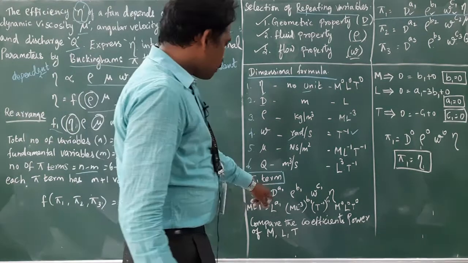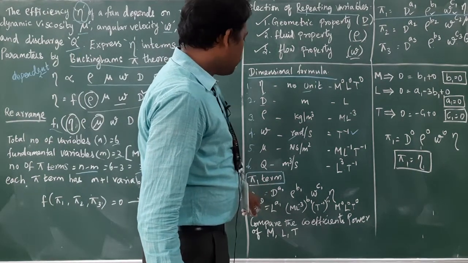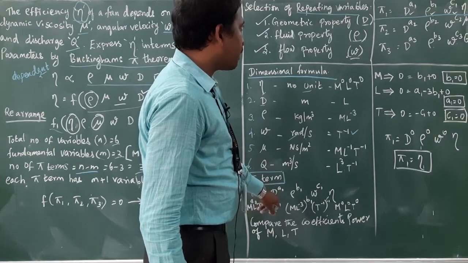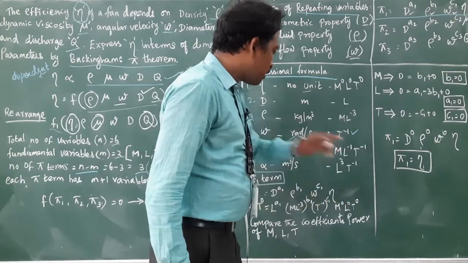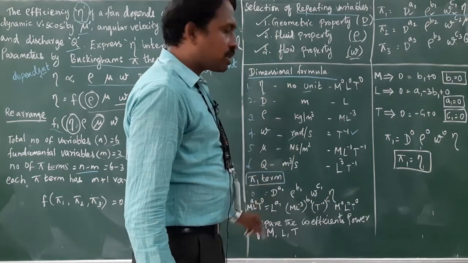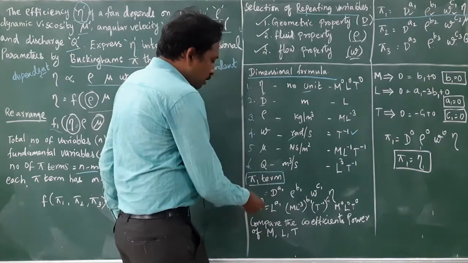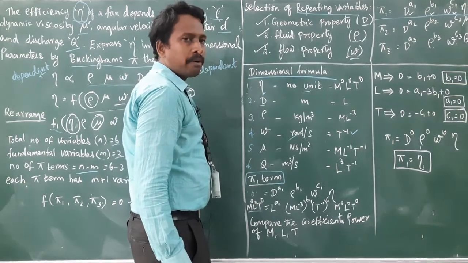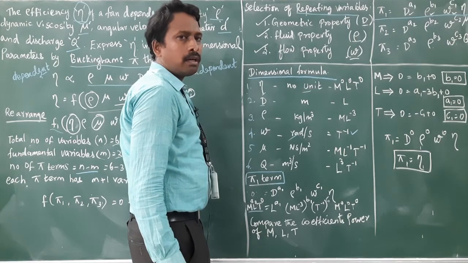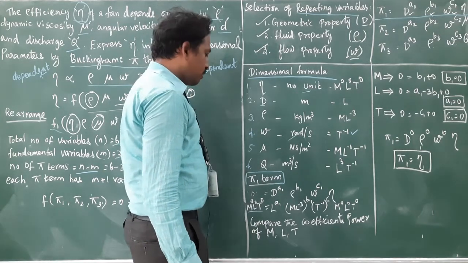Here the first pi term is pi 1 equal to d power a1 rho power b1 omega power c1 into eta. Apply the dimensional formula. For 0, the dimensional formula is M power 0, L power 0 and T power 0.